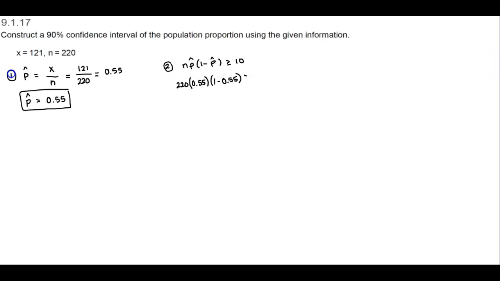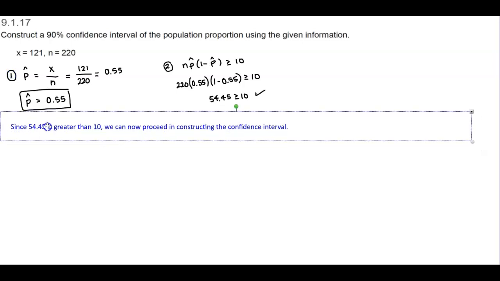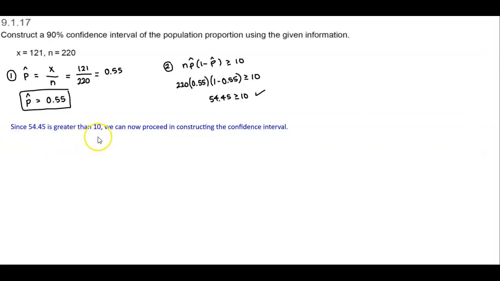We multiply those together to see if it's greater than or equal to 10. Well, we get 54.45, and that is greater than or equal to 10. Since 54.45 is greater than 10, we can confirm that we can now proceed in constructing the confidence interval.